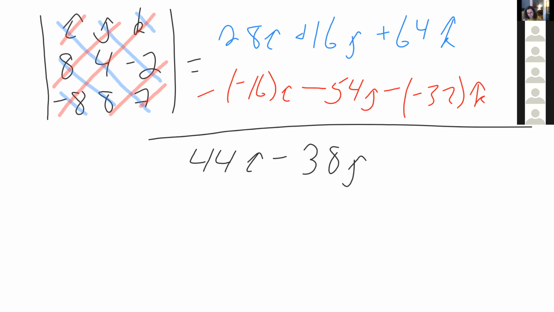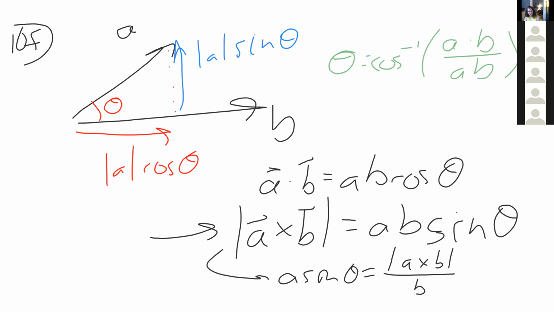And 64 minus negative 32 gives us plus 96 K hat. All right, very, very large numbers, which I regret immediately because we need to find a magnitude. This formula here asked us for the magnitude of A cross B divided by the magnitude of B.